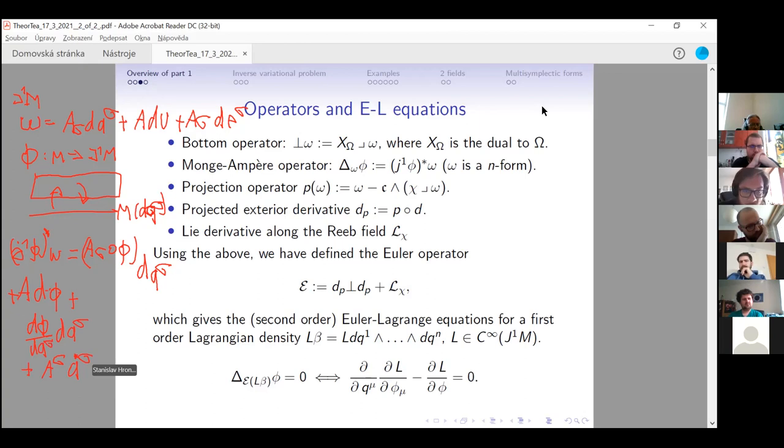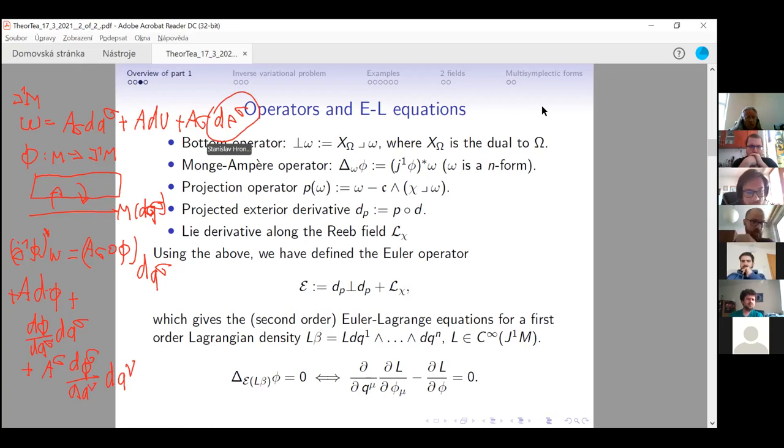I would have something like d phi sigma dq nu, from the pullback of this.